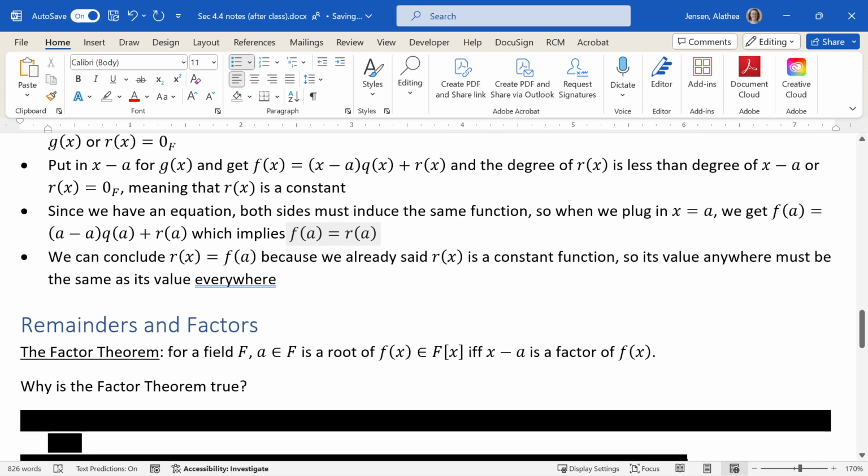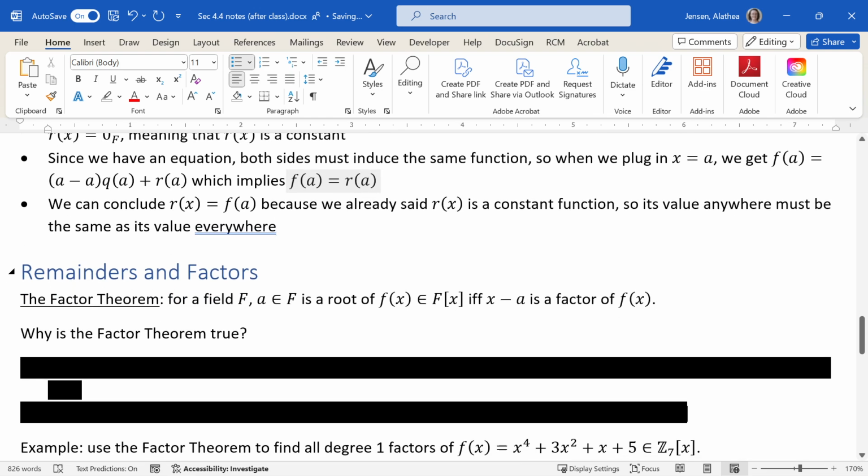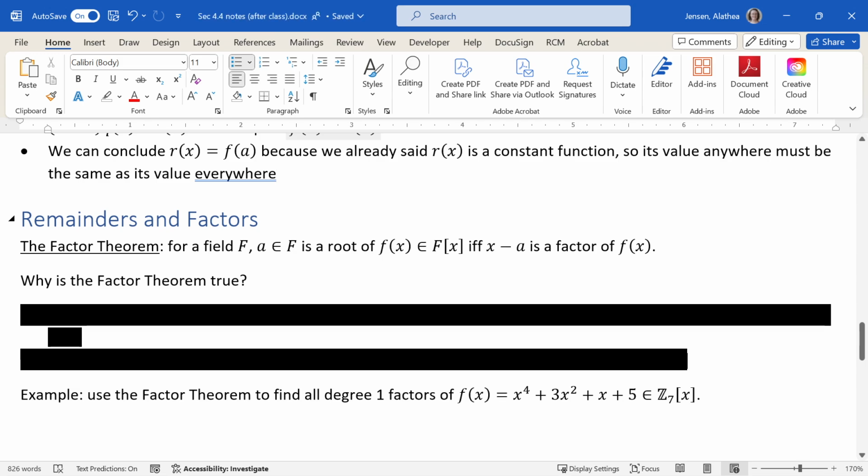There are some consequences that we get from the remainder theorem that are quite useful, and the first one is the factor theorem. Another named theorem, very exciting. The factor theorem says for a field F, a in F is a root of f of x in F bracket x if and only if x minus a is a factor of f of x. This is a pretty strong step towards the fundamental theorem of algebra.